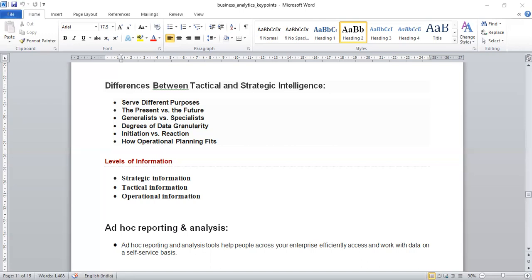It is not possible for an organization, mainly tier 2 and tier 3 organizations, to acquire all the best resources. So their main concentration is always on making the best tactical strategy, that is tactical planning.